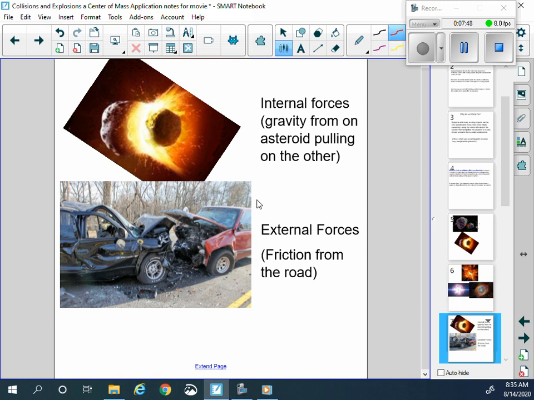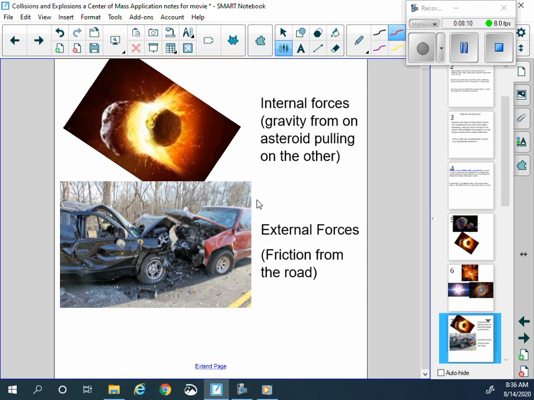With the two cars driving down the road, we have external forces. There is a driving force of friction from the road acting on each car. Since this force is coming from the road and not between the two cars pulling on each other, they are not going to meet at their center of mass.